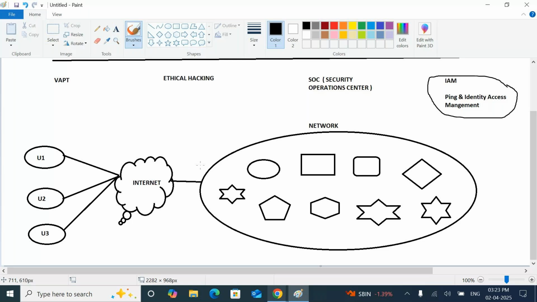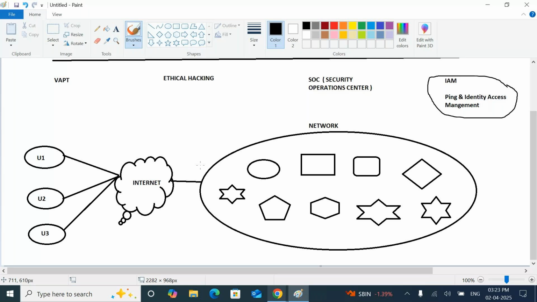Now coming to the ethical hacking person. Ethical hacking involves authorized attempts to bypass an organization's defenses to identify weaknesses in the system. An ethical hacker is simply considered a defender for your network, who tries to defend the network from different attacks. So VAPT and ethical hacker work is somewhat similar.